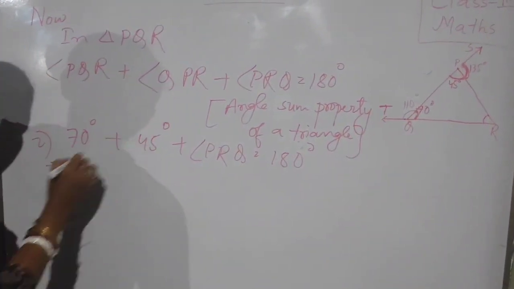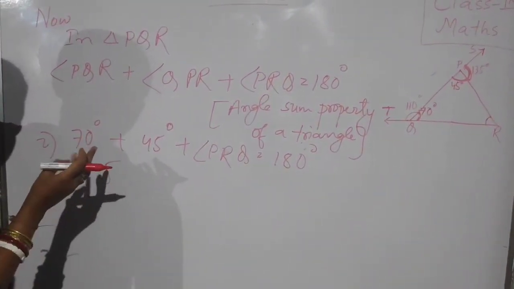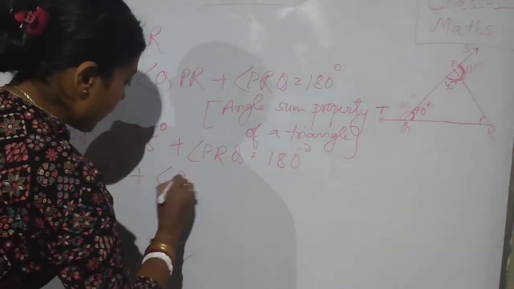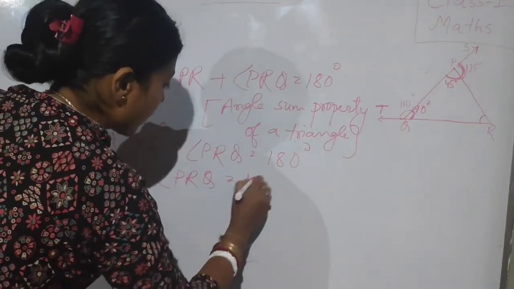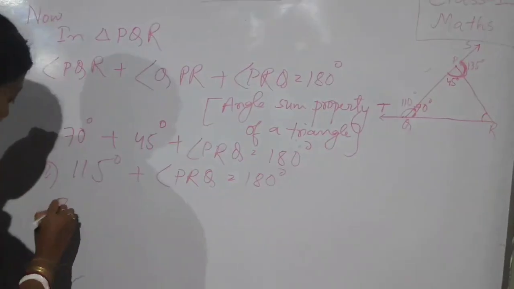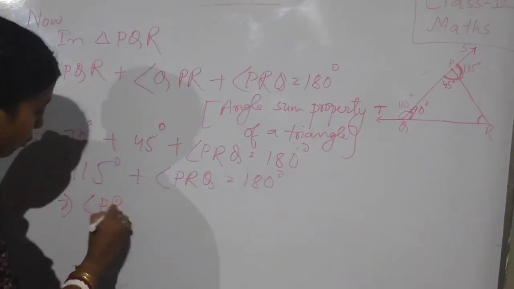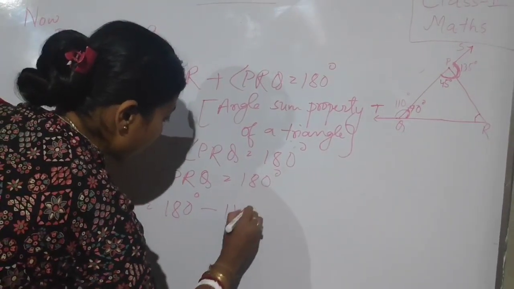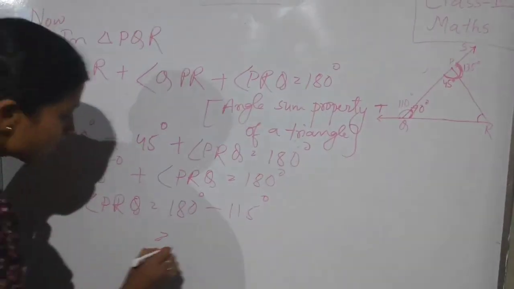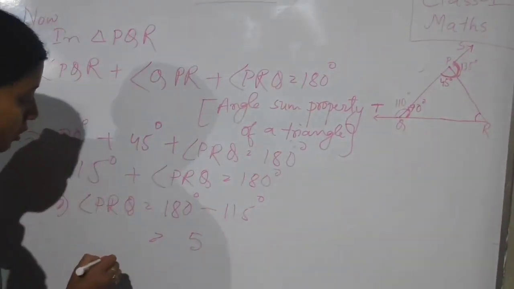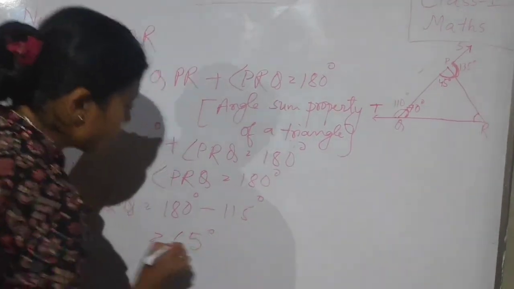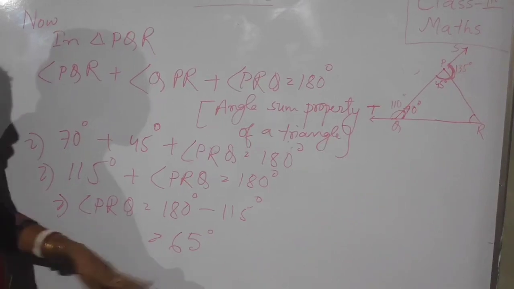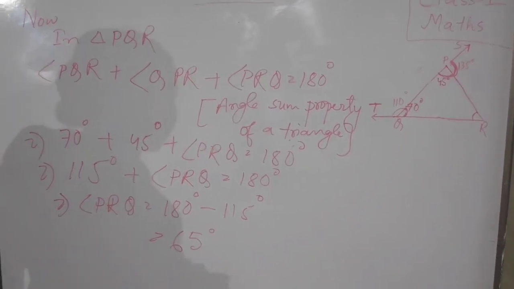So 70 plus 45 is 115 degrees, plus angle PRQ equals 180 degrees. So angle PRQ equals 180 minus 115, which is 65 degrees. So angle PRQ is 65 degrees.